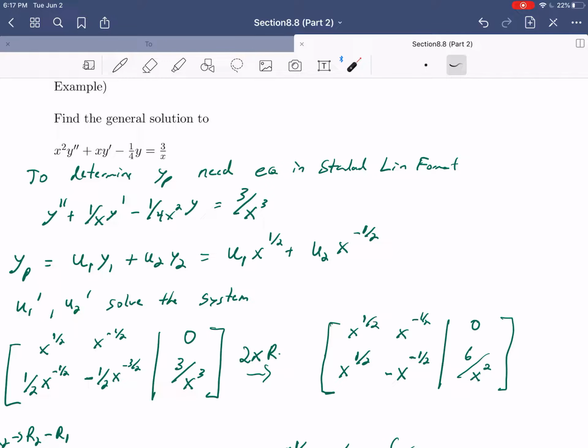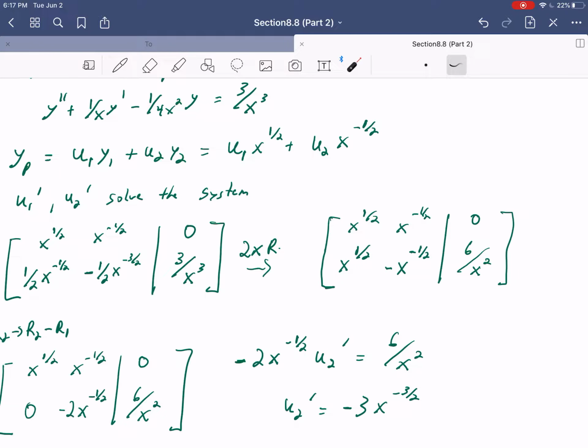If you go back to 8.7, when we introduced variation of parameters, we assumed that it was in that standard linear format. And of course, it didn't matter what these guys were because they don't play a role. But by dividing by that x squared, we did change what the non-homogeneous component was, which of course determines part of the system, which of course influences the solutions that we get there.